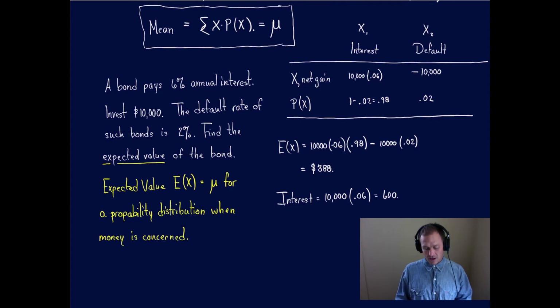This means that if you were to hold a portfolio of bonds, like a mutual fund of bonds, and you had maybe 100 of those bonds, you would expect 2 of those bonds to default, and you would expect 98 of those to pay. If that's what happened, when you figured out your profit at the end of the day, you would have made an average of $388 over your entire portfolio of bonds.